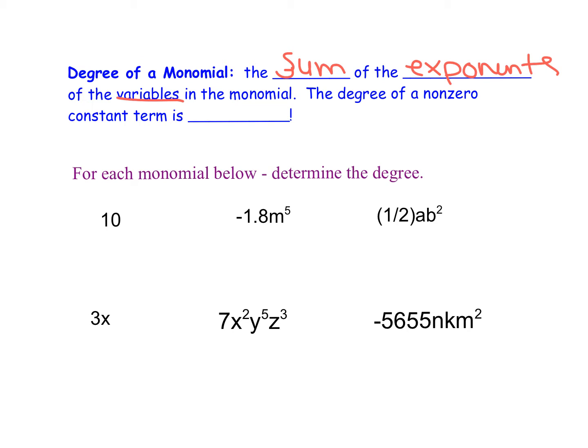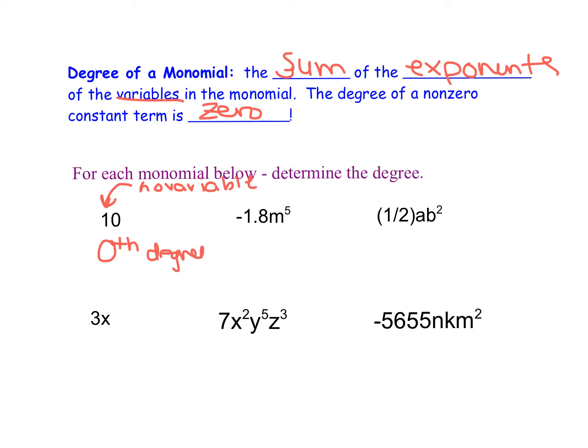So then this last part says the degree of a non-zero constant term. So that means like this right here, where there's no variable. The degree of something with no variable term is simply 0. So here for this 10, because it's a non-zero constant term, essentially saying it doesn't have a variable, this is a 0th degree monomial.